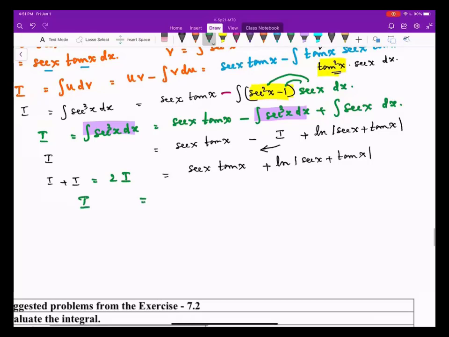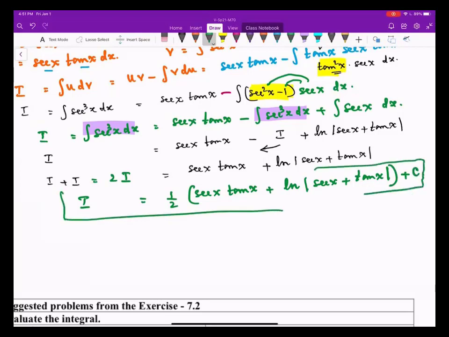If you just isolate I, you have to divide the entire thing by 2, which becomes half of secant x tan x plus ln of absolute secant x plus tan x, plus the arbitrary constant that we usually add for an indefinite integral.